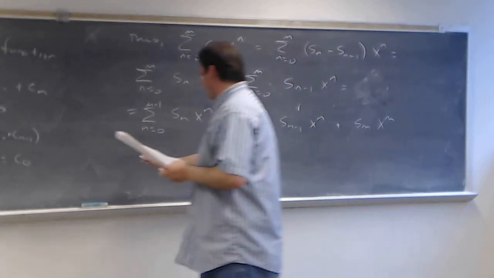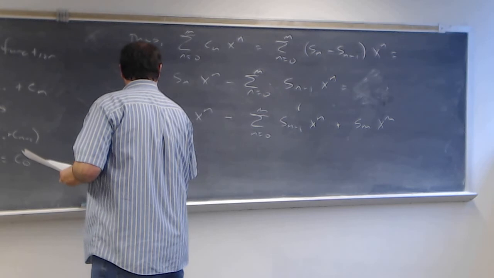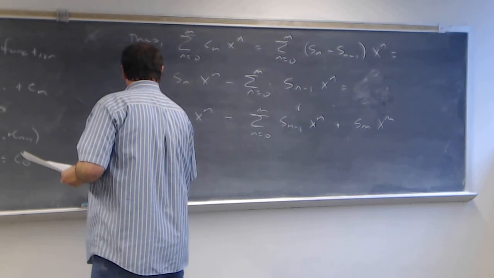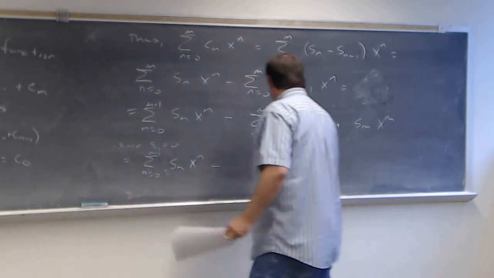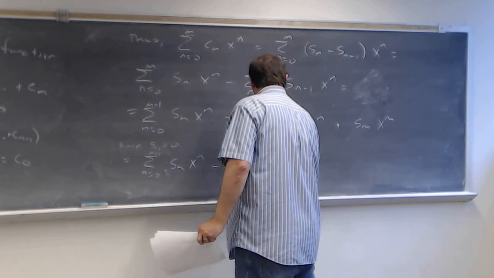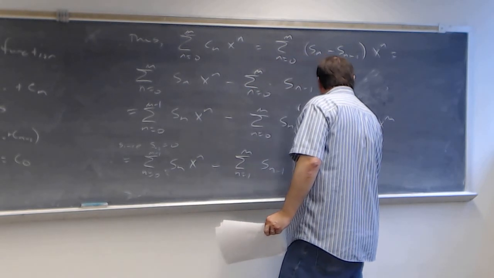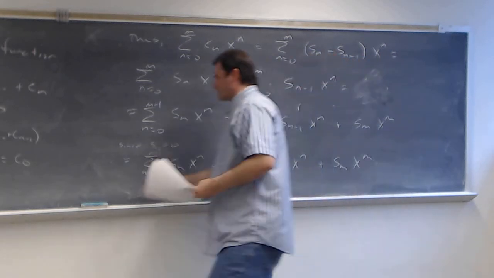Now, since s of minus 1 equals 0, this is equal to the sum as n runs from 0 to m minus 1 of s of n x to the n, minus, here's where we get that 0 term, the sum as n runs from 1 to m of s of n minus 1 x to the n, plus s of m x to the m.